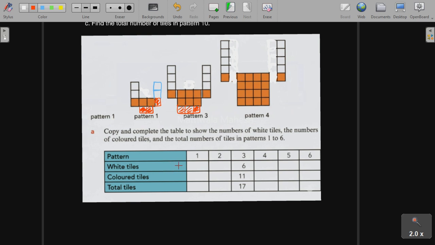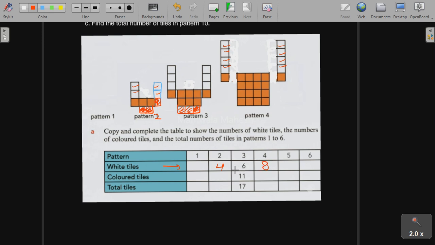So how many white tiles in pattern 2? This one is pattern 2. So there are 1, 2, 3 and 4. So 4 white tiles, and in pattern 4 there are 8 white tiles. 1, 2, 3, 4, 5, 6, 7 and 8.